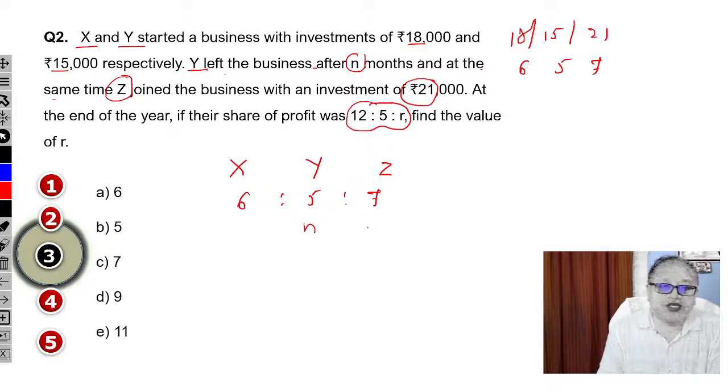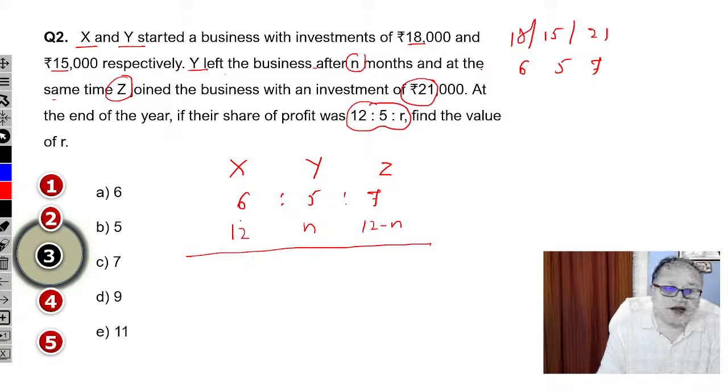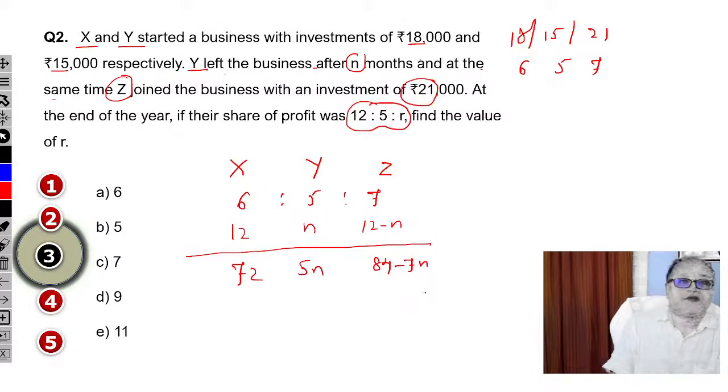So Z's tenure will be 12 months minus n months. And nothing is said about X, so it's 12 months. So what is their profit ratio? That is 6 times 12 is 72, then 5n, and 84 minus 7n. That's their profit ratio, which is given to us as 12:5:R.